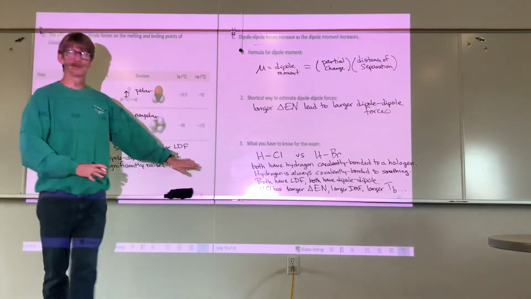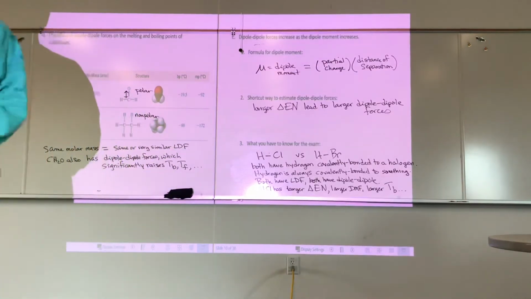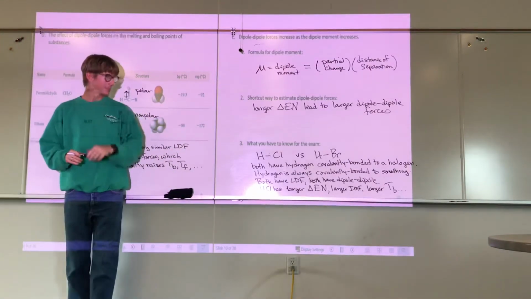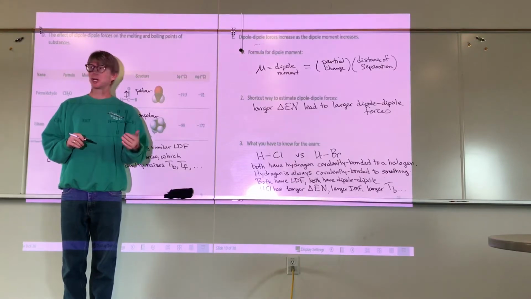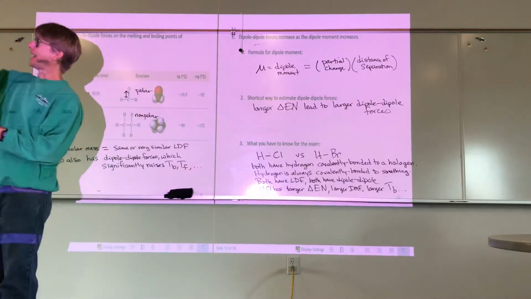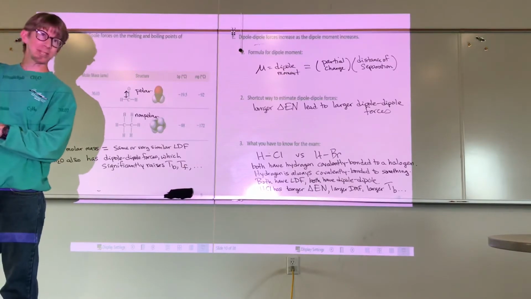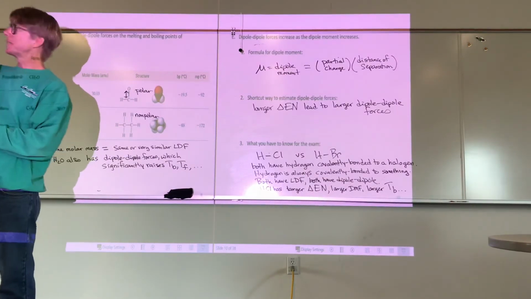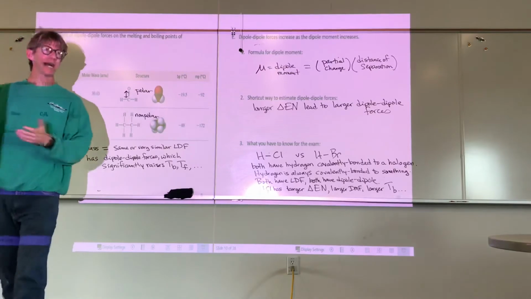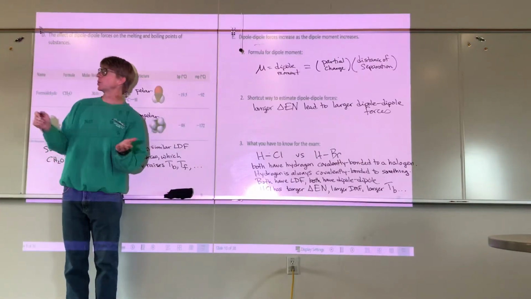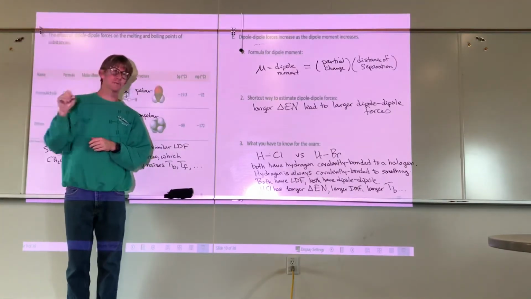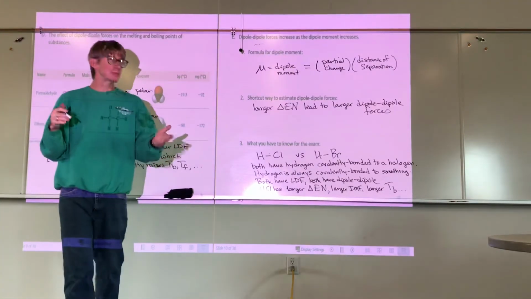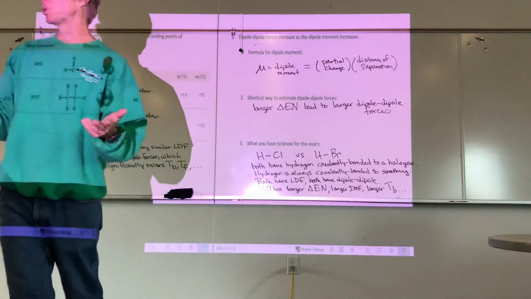Other questions? Good. Emilio? So we're just looking at the electronegativity to see which one's larger? Yes. What we can say is that as you go down, electronegativity decreases. And on the exam, you'll have the electronegativity scores for the halogens, oxygen, nitrogen, carbon, and hydrogen. So you have the trends based on the shape of the periodic table, but you also have the scores themselves.